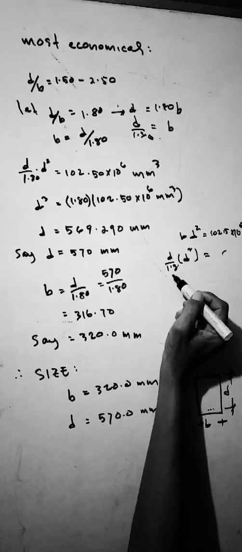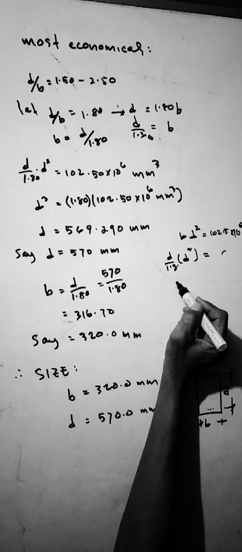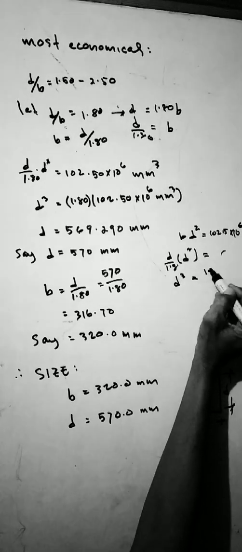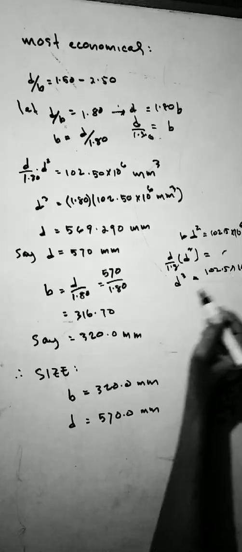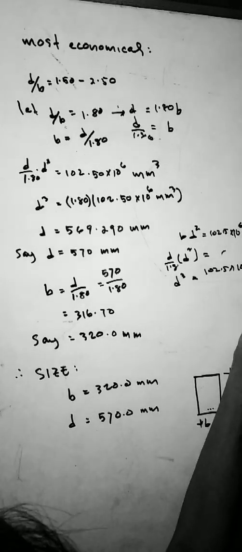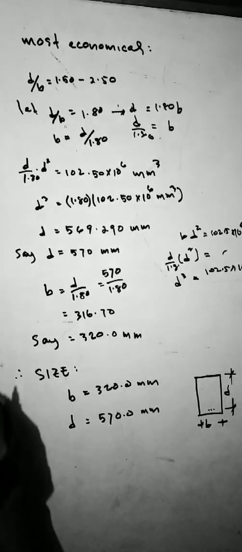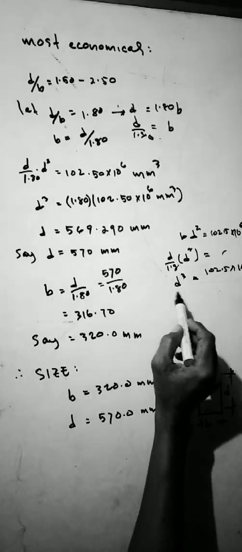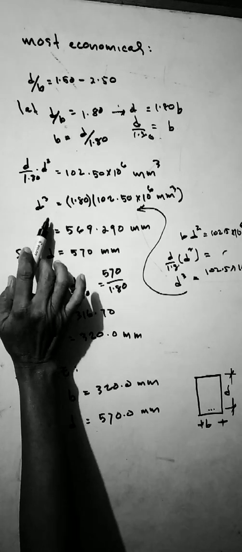Therefore, we have d times d squared equals d cubed, and 102.5 times 10 to the 6 multiplied by 1.80, so this one, d cubed now becomes this one.